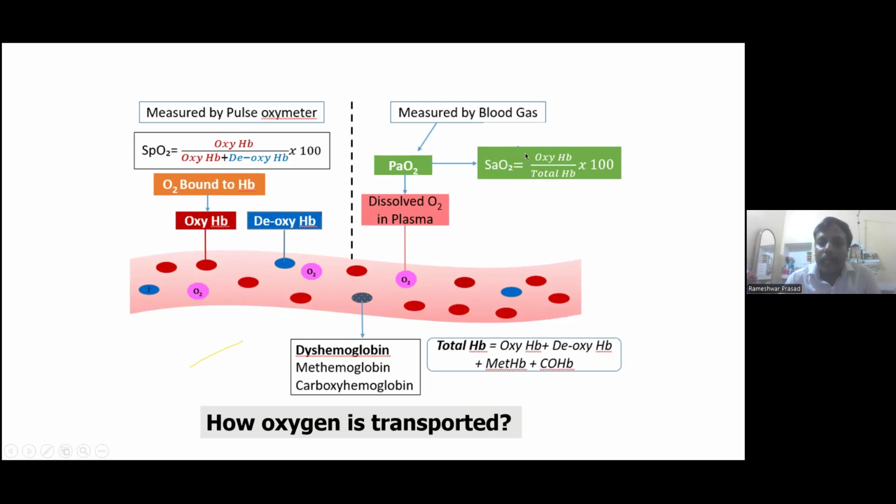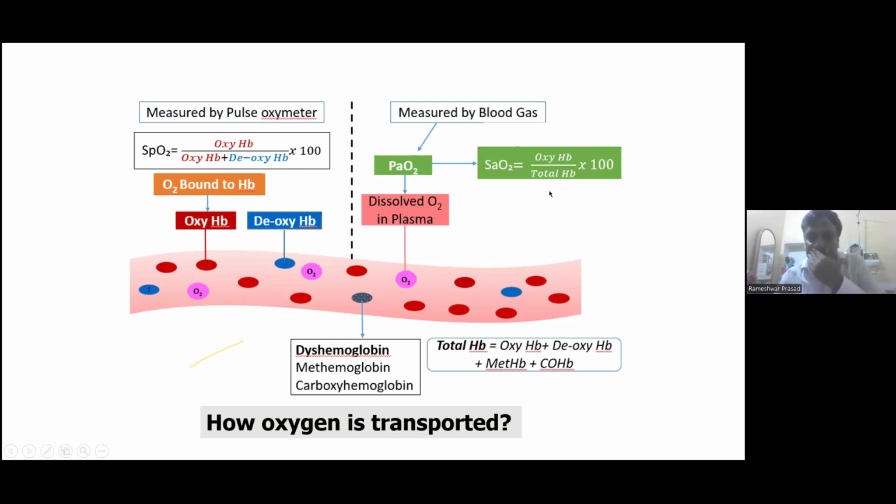However, in blood gas, they calculate something else. This actual SO2 is measured by co-oximeter, pulse co-oximeter. This is another device. This measures all 4 types of hemoglobin: oxyhemoglobin, deoxyhemoglobin, methemoglobin, and carboxyhemoglobin. And this total hemoglobin is the denominator in SaO2.